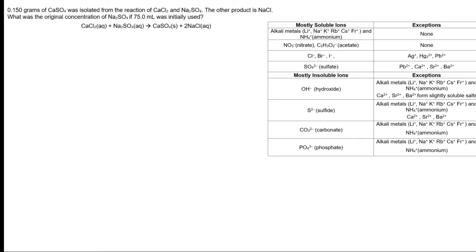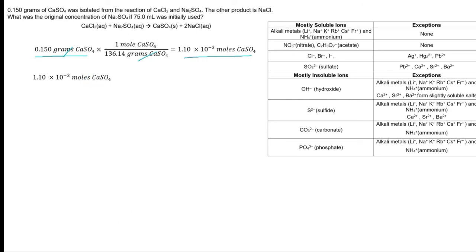Okay, stoichiometry, moles, moles, moles. Starting with our 0.15 grams of calcium sulfate and using the molar mass, cancel, cancel, we get 1.1 times 10 to the negative 3 moles of calcium sulfate. Now that we have moles, we can use this to predict our reactants in this case.